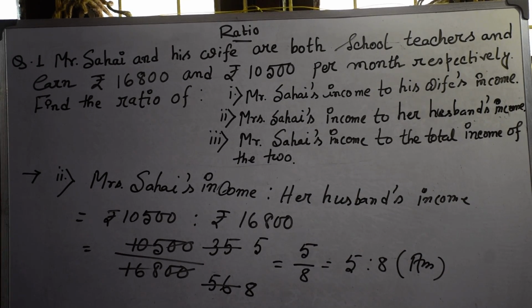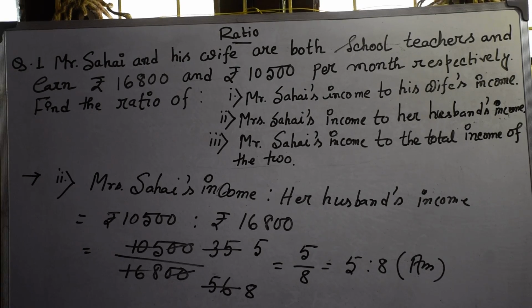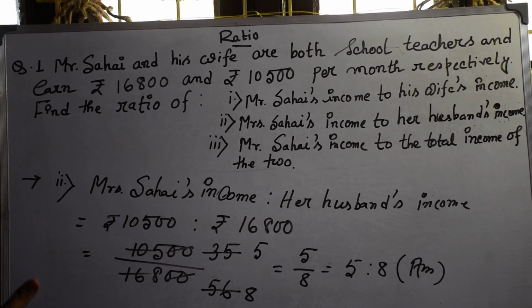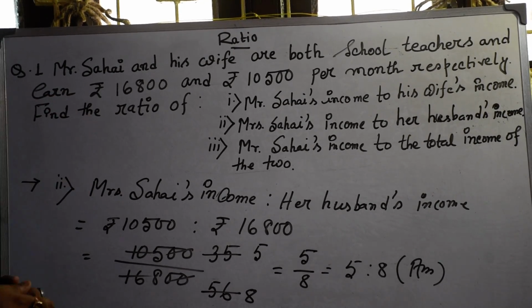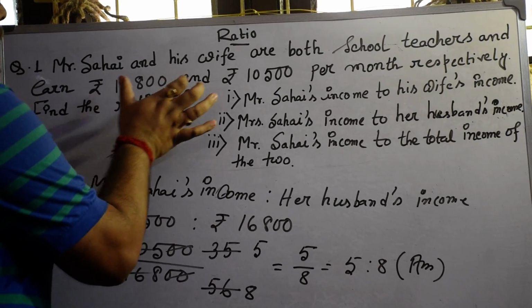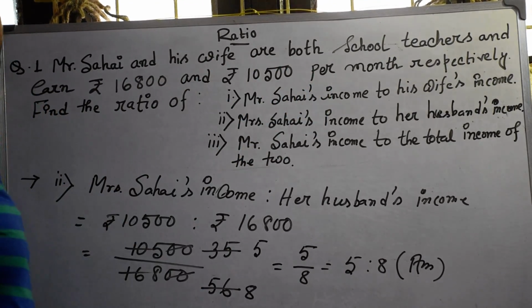Okay. Now the third part, that is Mr. Sahai's income to the total income of the two. So Mr. Sahai's income is to total income of the two means, so that you have to add Mr. Sahai's income and Mrs. Sahai's income.